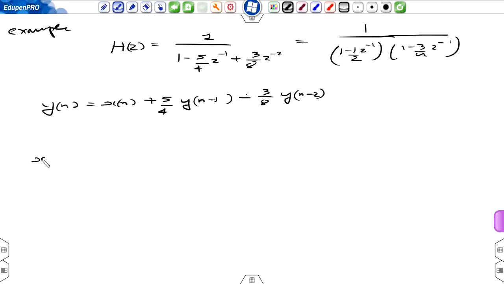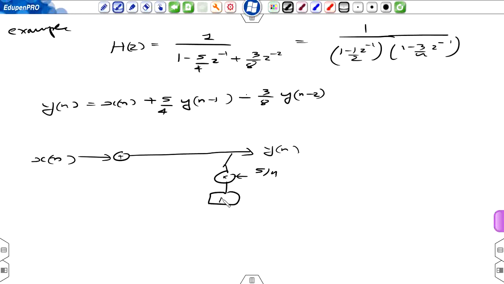So x(n) goes to an adder, and this is y(n), multiplied by 5 by 4, delayed by 1 delay element and given to this adder.